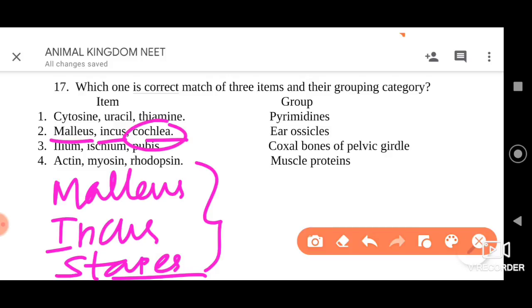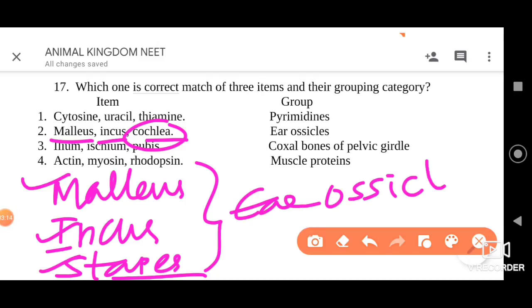Cochlea is not a bone, in fact it is a part of the ear, an important snail like coiled structure present in the ear. It should have been malleus, incus and stapes, which are called the ear ossicles, my friends. So the second option is also wrong.